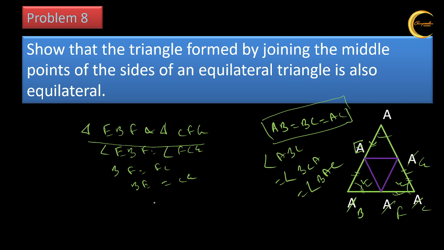So these two triangles, EBF equals triangle CFG. So we can say easily EF equals FG. By the same way, we can prove that FG equals EG.